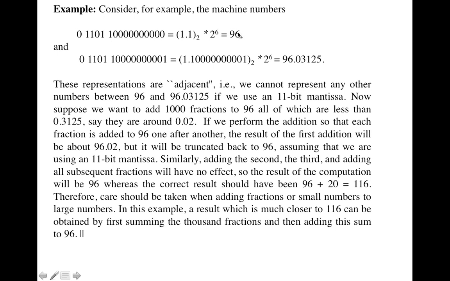Because it's a number between this and this, truncation simply would take it back to this. So that truncation, done 1,000 times, would have made us lose 20. And we would have gotten a 96 instead of 96 plus 20, which would have been 116. So this would be a significant error.